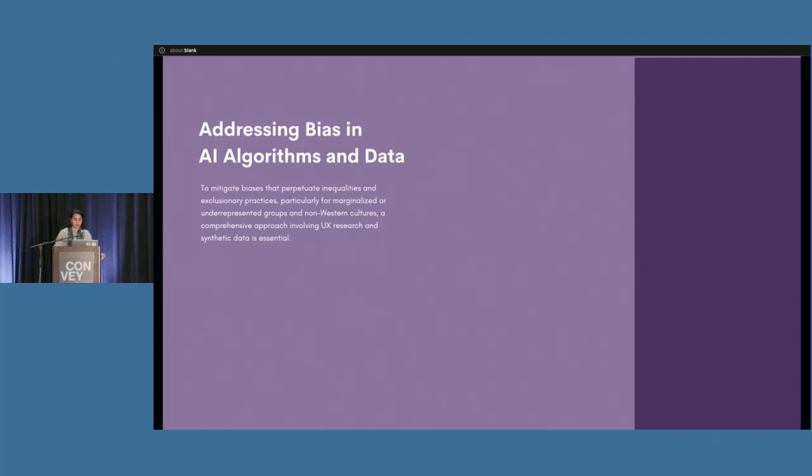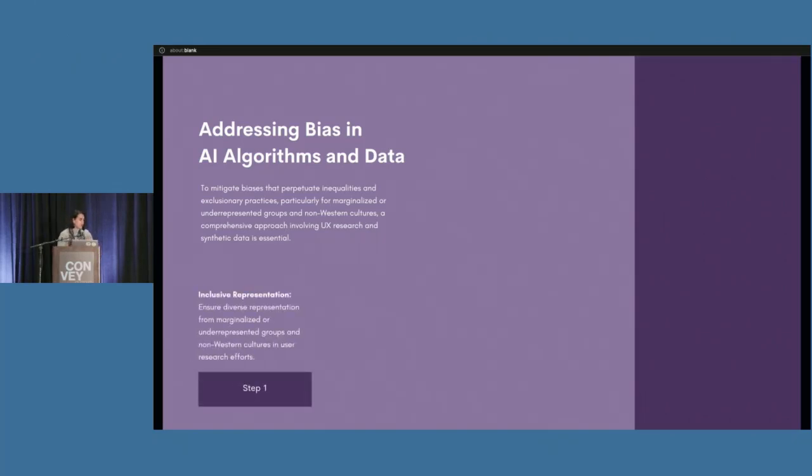One of the very underrated solutions that I'm trying my best to learn more about is the combination of synthetic data and UX research. Synthetic data is data created artificially through computer simulations or algorithms, and it can generate real-world kinds of data sets. That's pretty amazing. Even if we don't have access to data, we can simulate it. Again, I'm simplifying it.